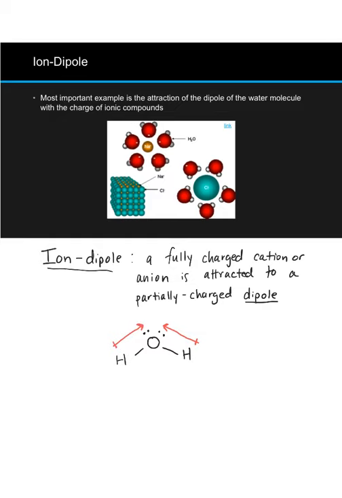In total, then, electrons are more likely to spend their time around the central oxygen, and so we get a buildup of electrons that spend much more of their time on this oxygen side of the molecule, rendering this side of the molecule partially negatively charged, and we indicate that with a delta minus sign.